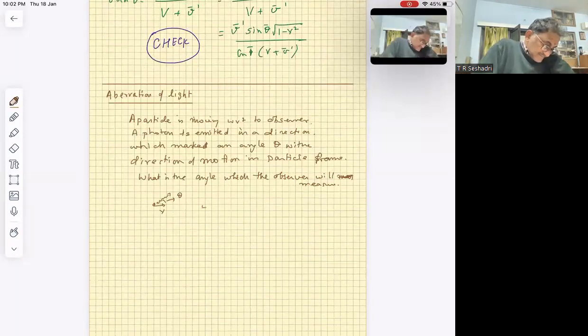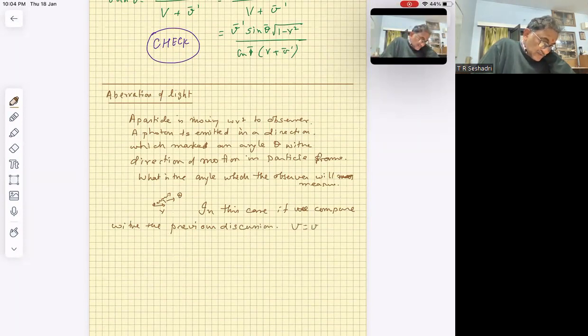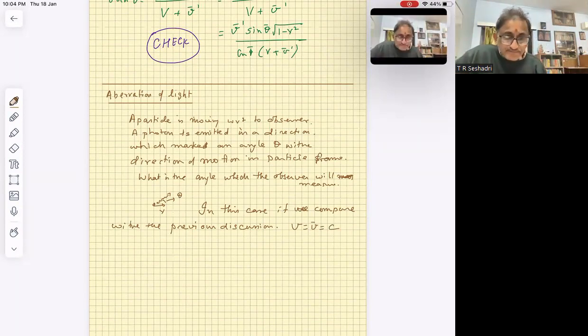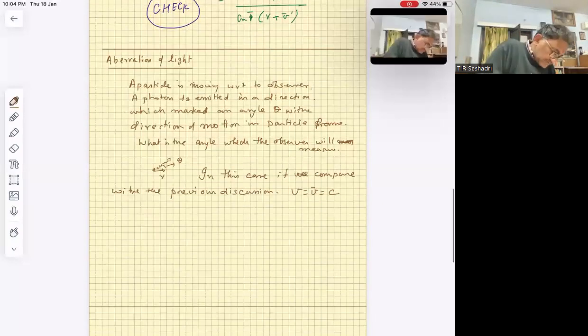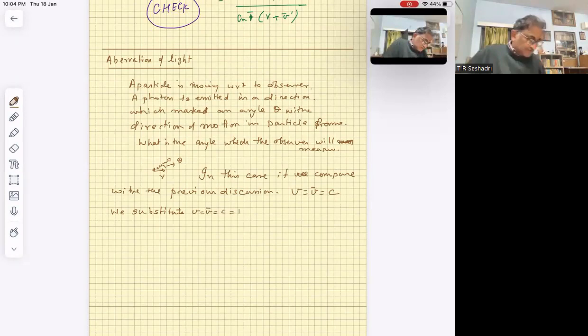So in this case, if we compare with the previous discussion, V is equal to V bar equal to C, just the speed of light, because the particle which is now traveling is a photon. So we substitute V equal to V bar equal to C, which is equal to 1 for us.